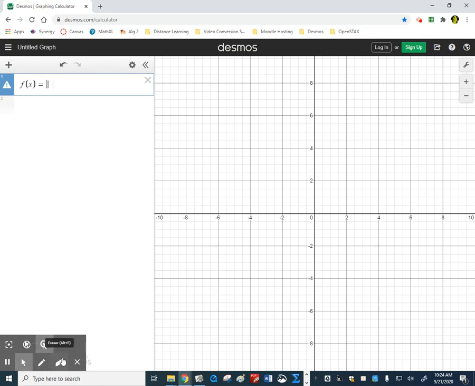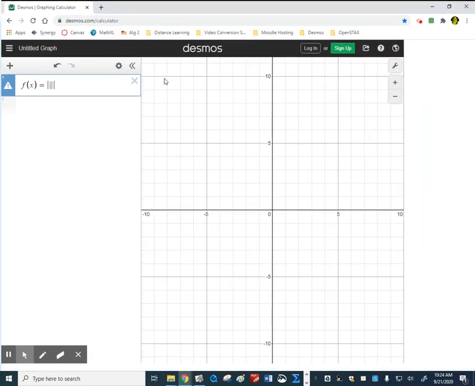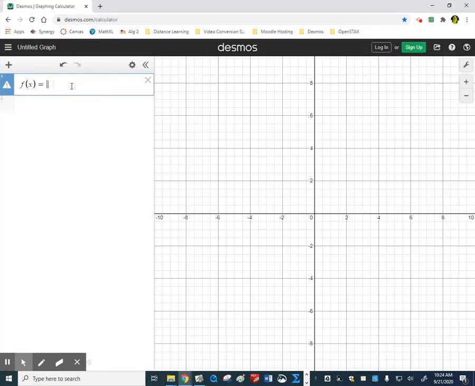Boy, this has changed. Oh, that's not Desmos at all, that's my recording. Where's the toolbar in Desmos? I think it's just hidden behind this thing. Hide tools. There we go. Oh, here it is.